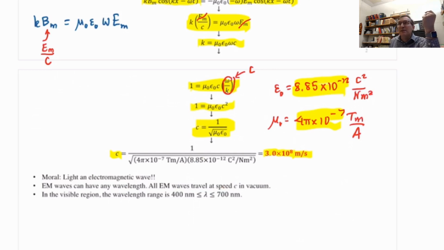Imagine James Clerk Maxwell in the 1850s or so, roughly, doing these calculations for the first time. Everybody at that time knew about light, of course, and they even knew that the speed of light had been measured in experiments, difficult ones, because the speed is so fast, but they did it. And they knew that it was 3 times 10 to the 8 meters per second.